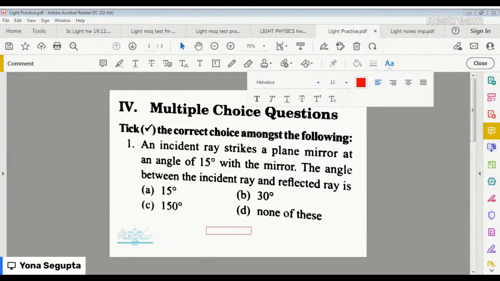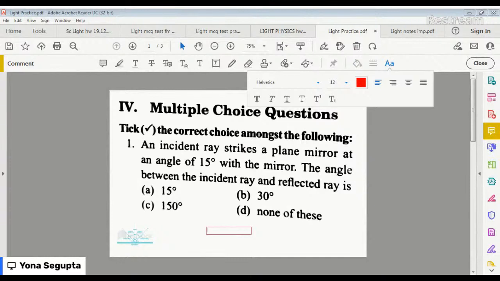So 90 minus 15, if we take the angle of the ray which strikes the plane mirror at an angle of 15, we get 75, isn't it? So we can say that the angle between the reflected ray and the ray is 75 with the normal.